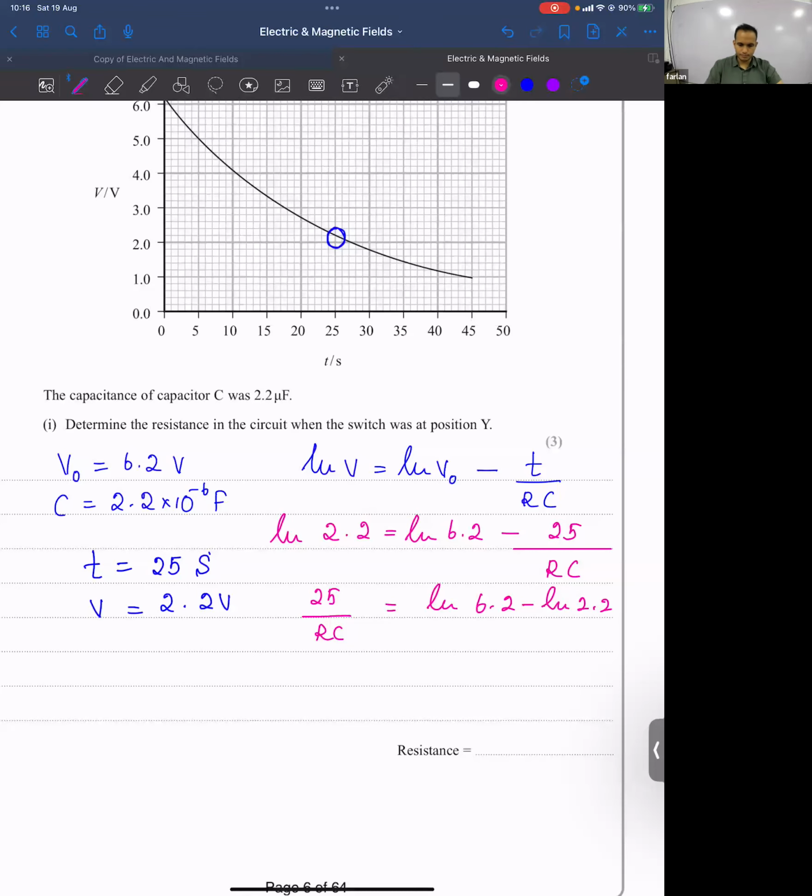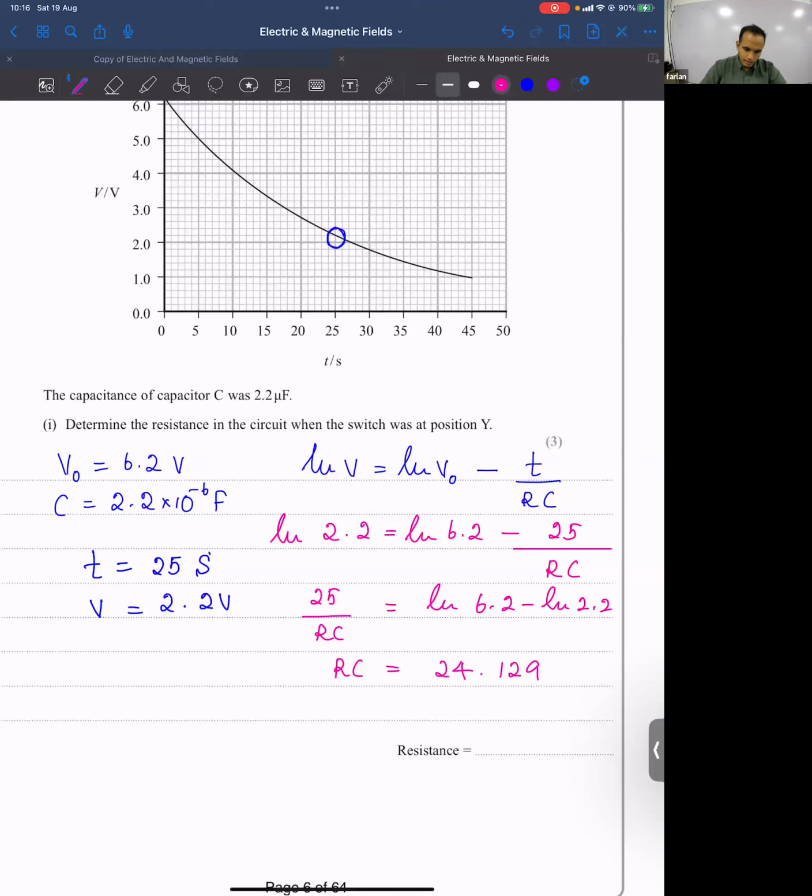So the RC product will be equal to 25 divided by ln 6.2 minus ln 2.2. Correct me if I'm wrong. I'm getting 24.129. 24.129, that is my RC product.